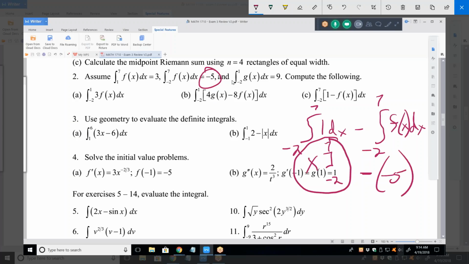Evaluate that. Circle on the left. That would just be, is it just... Have confidence. It would just be positive 9? You got it.